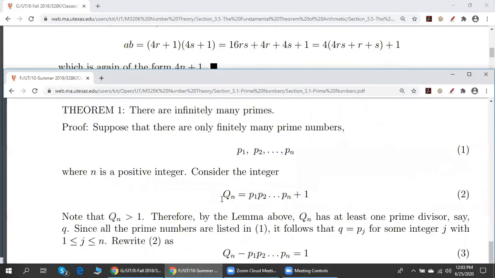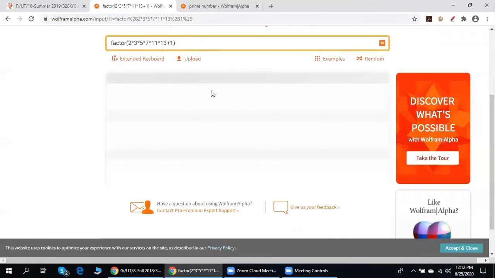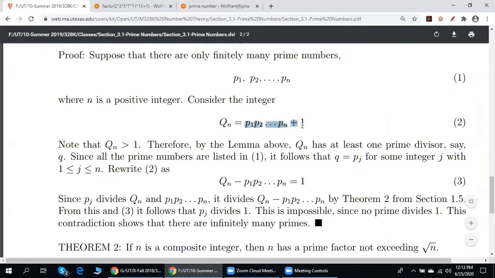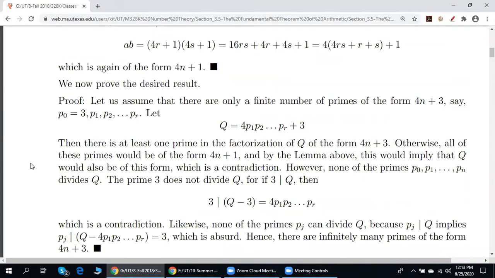Going back to this, q is not divisible by any of these prime numbers, but it does not necessarily mean that q is prime. You see? Okay, I see. Here's an example. This is not a prime number. Conclusion: this number is not necessarily prime. Next.